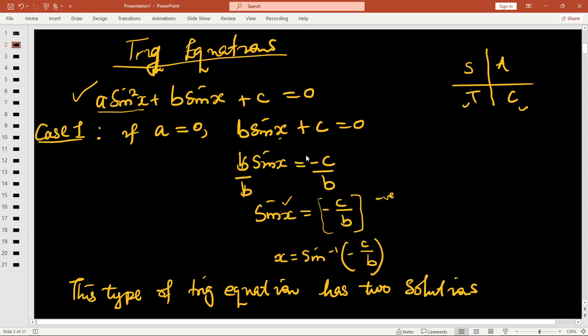If the highest power of a trig function that you have is 1, just don't say that you're going to have two solutions, because this function is either positive in two quadrants or negative in two quadrants. There are special cases when you just get a single answer. For example, if your answer is just 90, or if it's just 270. Okay. Alright, let's talk about the second case.